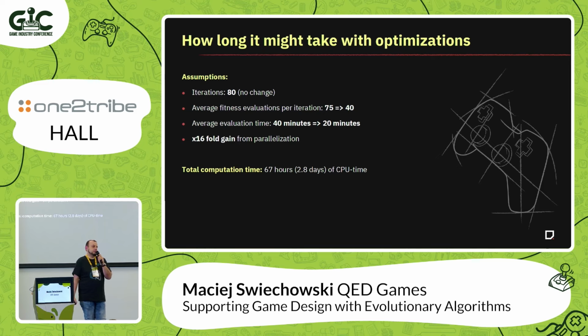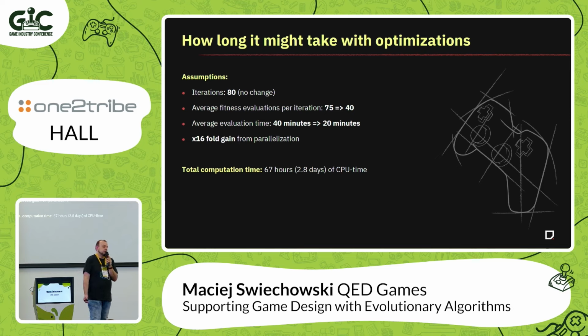So given these optimizations, how long might it take now? We didn't change the number of iterations, of course, but because of the caching fitness, I assume that the average number of calculations required per iteration is down to 40, and the average evaluation time is down to 20 minutes because of the faster clock and skipping the rendering.